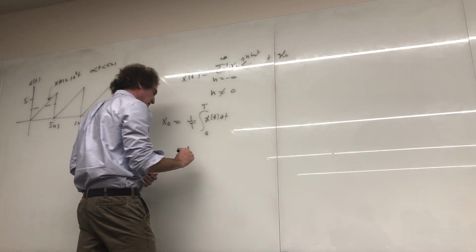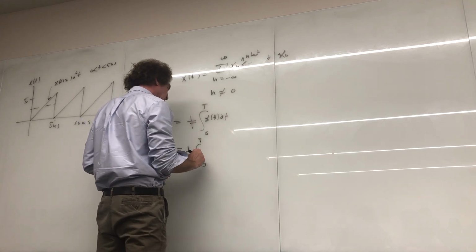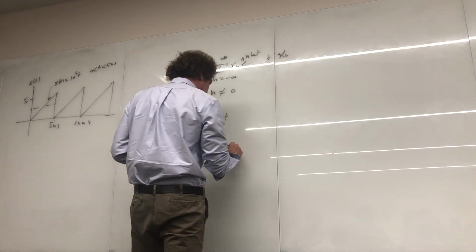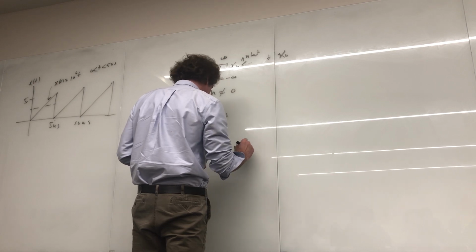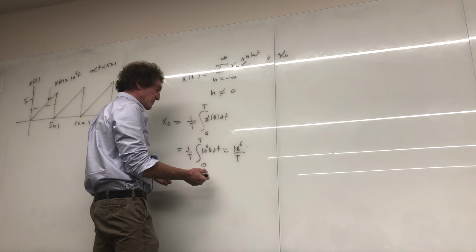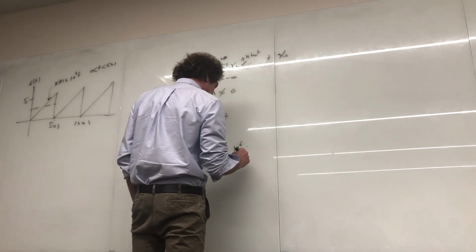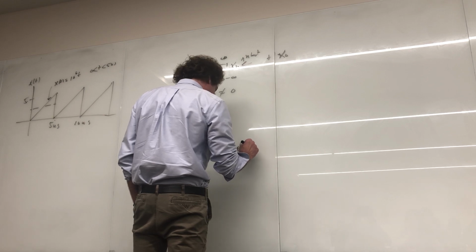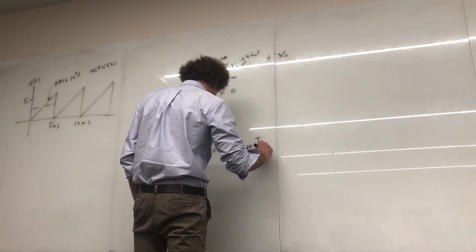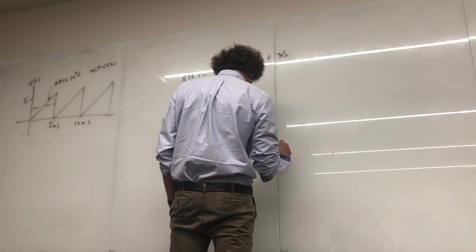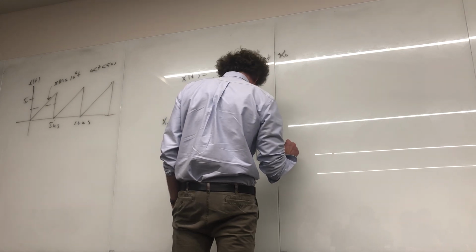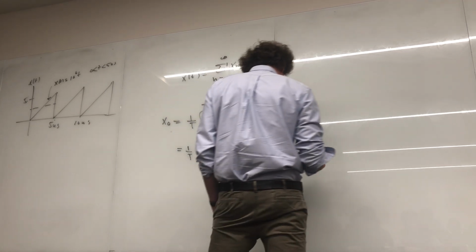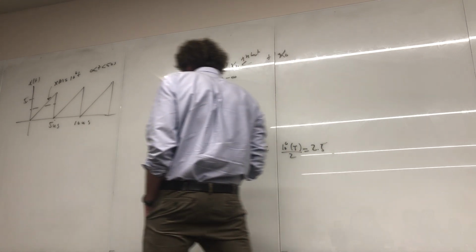So you can leave it as 1 over T, the integral from 0 to T of simply 10 to the 6th t dt, and you can get 10 to the 6th over capital T, and then it's going to be t squared over 2 evaluated from 0 to T, and that means x0 will be equal to 10 to the 6th times T divided by 2, and since T is 5 microseconds, it's 2.5, and that's how you would do it if you wanted to integrate it.